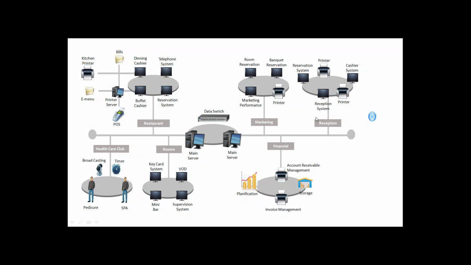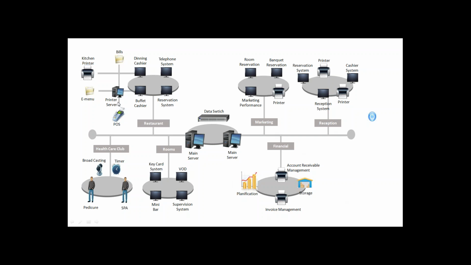I'll give you one example of how PMS is used. Maybe you have ordered room service in your room. Once this information has been sent to reception, they will put your order in your bill, and at the same time this order will get into financial directly, and the kitchen will also receive this order, so they will prepare your food for you.